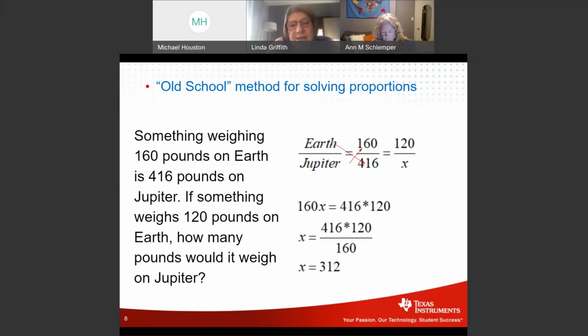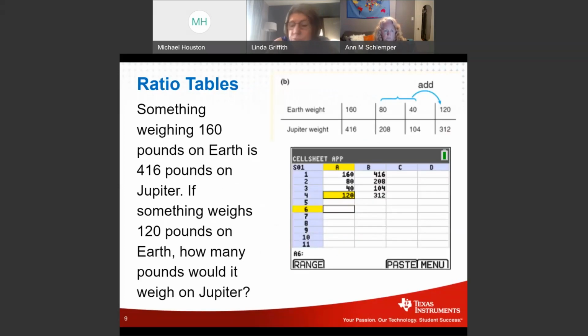And so I began to ask myself a long time ago, is there a way to get kids to really understand what this reasoning is about? And actually, a proportion is one of the first functions that students encounter. It's a function in which the ordered pairs x, y, the ratio of x to y is always the same. So a better way to look at that, and less magical, is ratio tables.